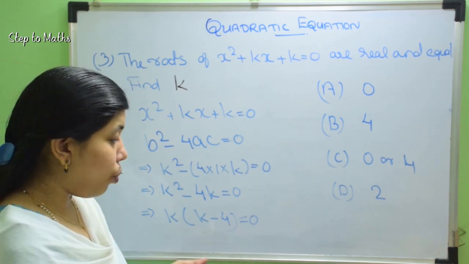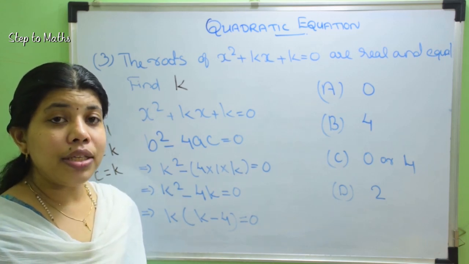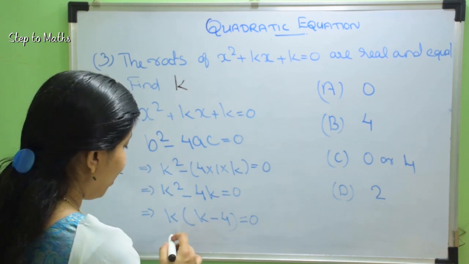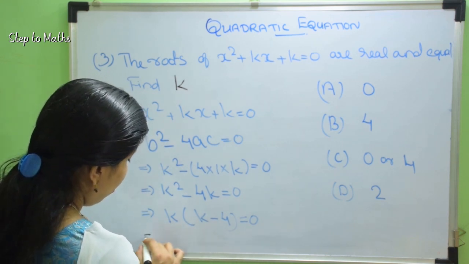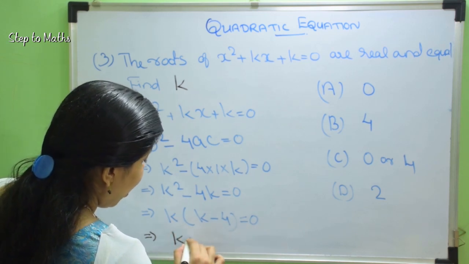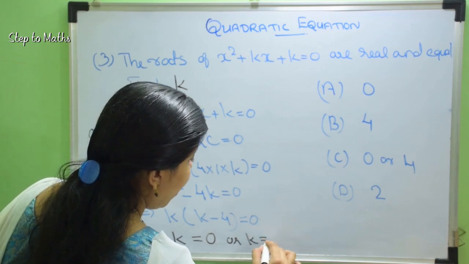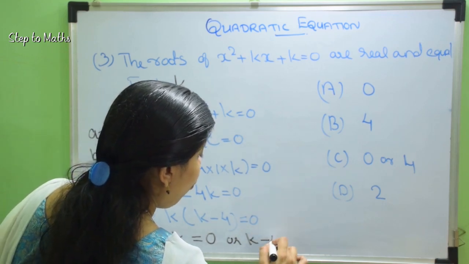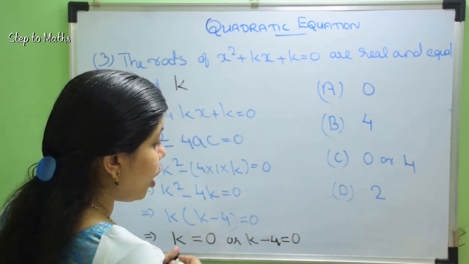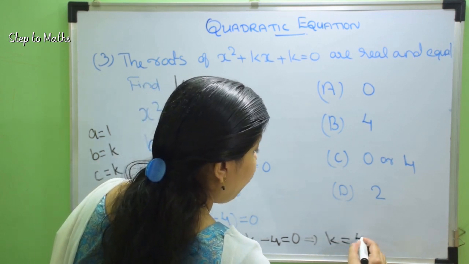The product of two terms is 0 means either one of the terms is 0 or both terms may be 0. So equate each term to 0. k into k minus 4 is equal to 0 implies k equal to 0 or k minus 4 equal to 0. k minus 4 is equal to 0 means k equal to 4.